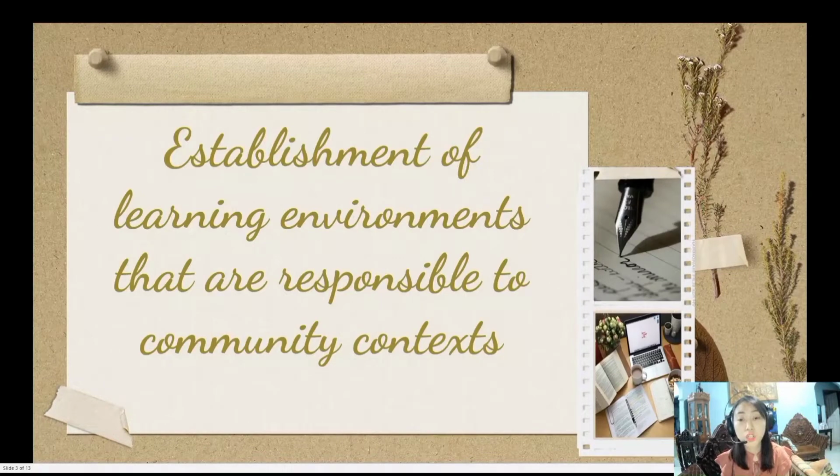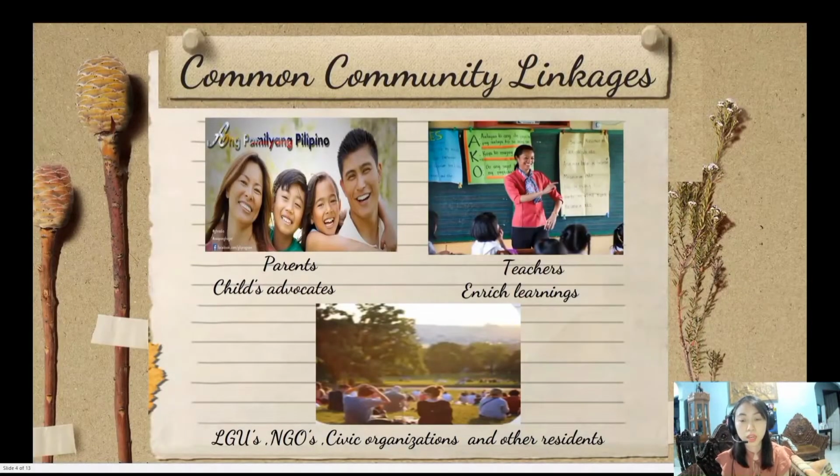We have four strands in this domain. First is the establishment of learning environments that are responsive to community context. Under this are the common community linkages. First, we have the parents. They are responsible for helping the child develop proper values, attitudes, and habits, and also for helping their child achieve their academic goals.